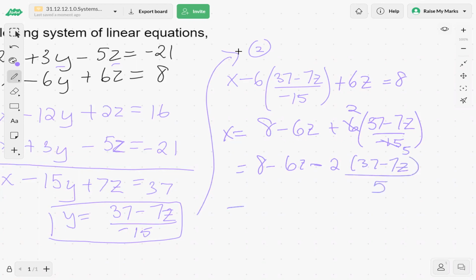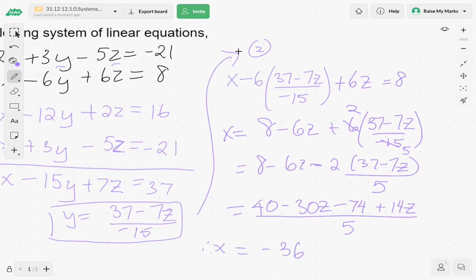Let's put everything over a common denominator of 5. 40 minus 30z minus 37 times 2. That's a big number. That's 74, I believe. Let's check. Minus 74 plus 14z, all over 5.